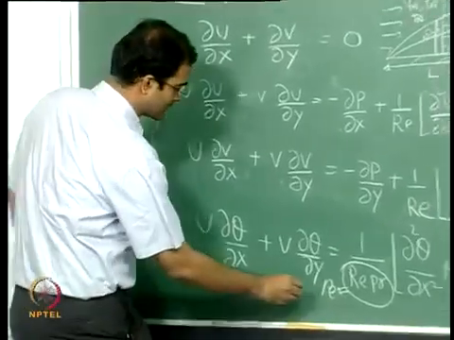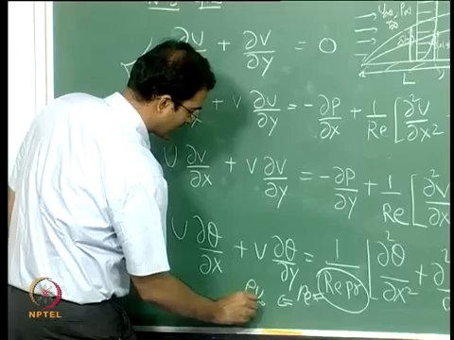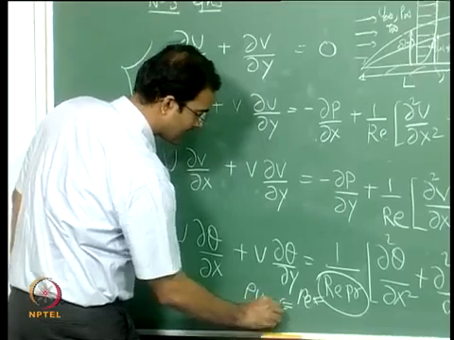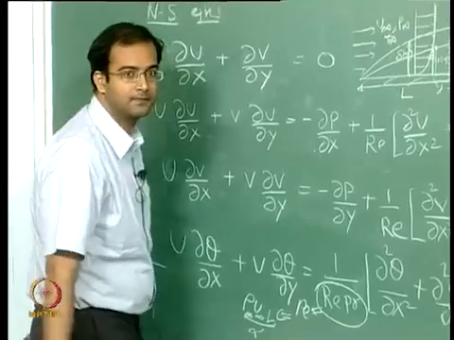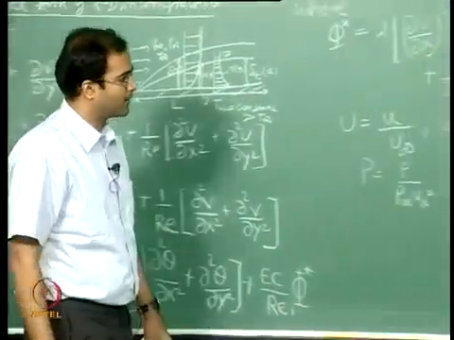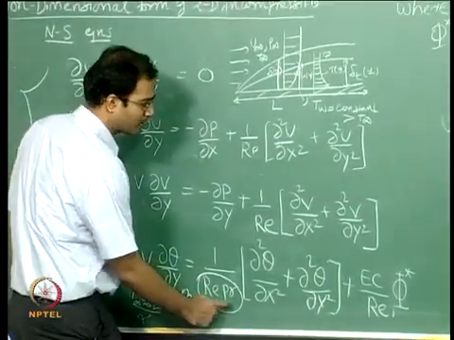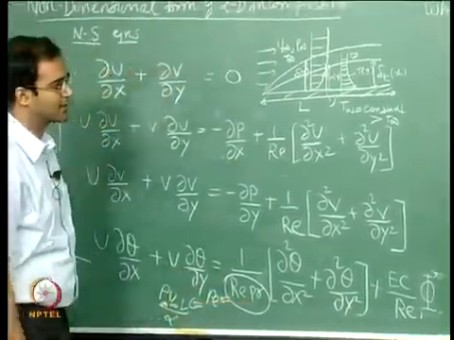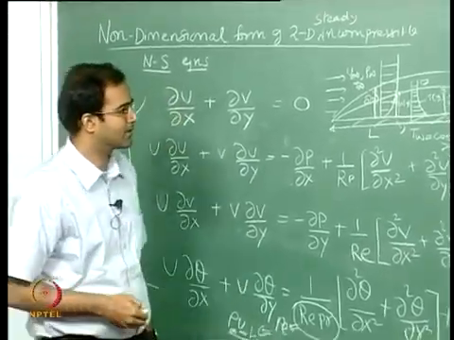So this is nothing but rho infinity u infinity L by alpha. Most of the times you have this pair coming into your expressions, so they have combined that and it's denoted as the Peclet number.